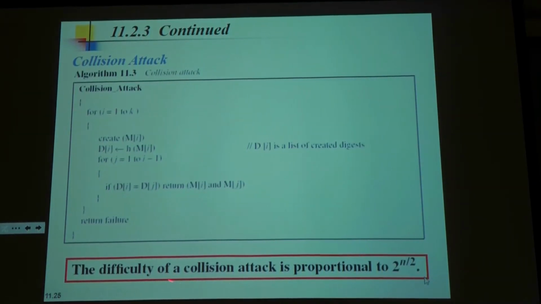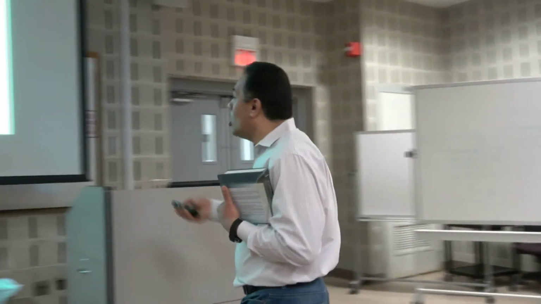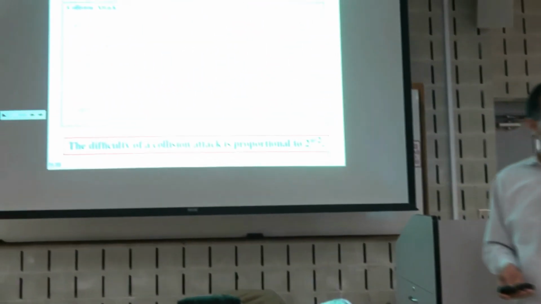The difficulty of a collision attack is proportional to 2 to the power n over 2. Much weaker. The first pre-image and the second pre-image are 2 to the power n. Now this is 2 to the power n over 2, much weaker.